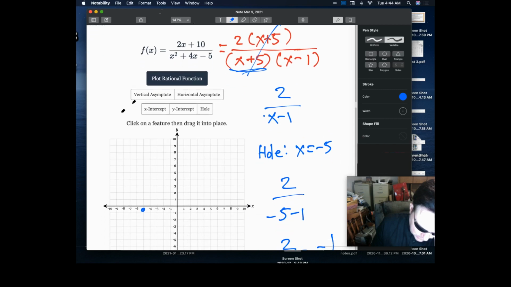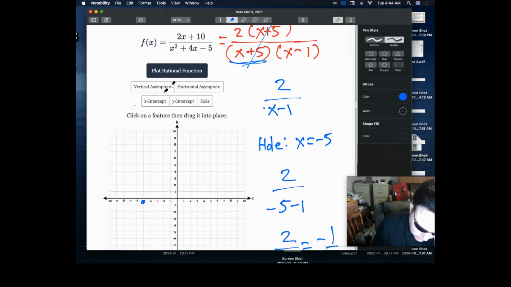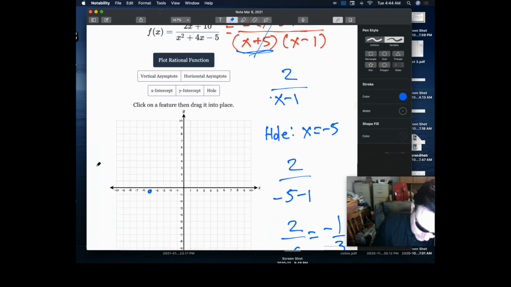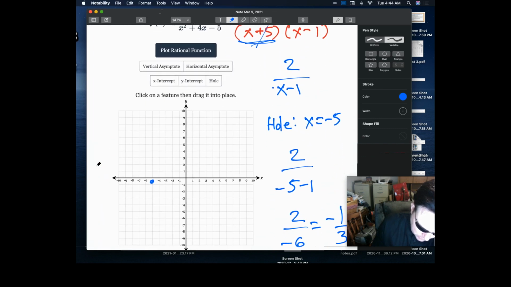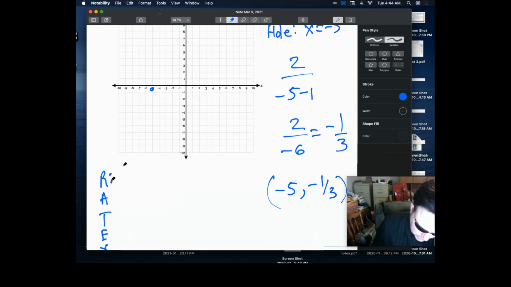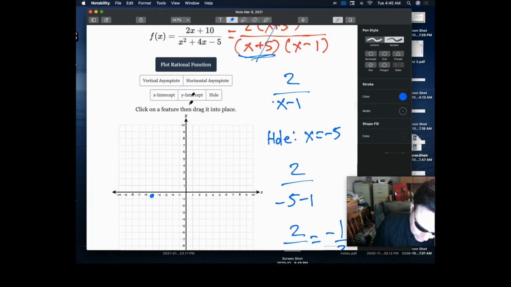Now we want to go after the roots first, right? The roots are when it crosses the x-axis, so that would be when y is 0. But because we're ending up with 2 on top, there are none.